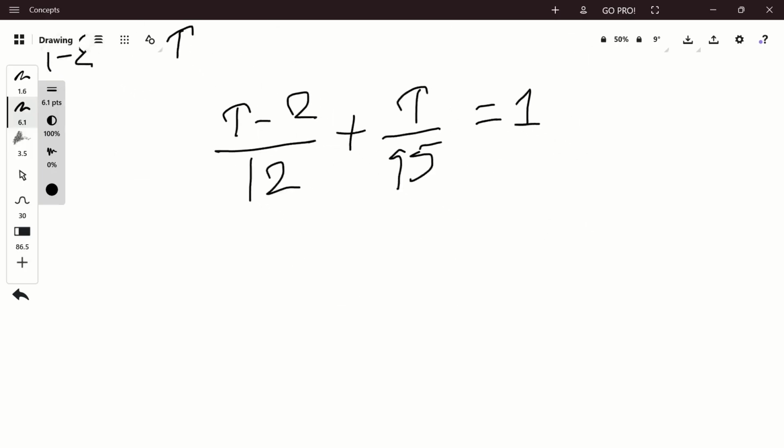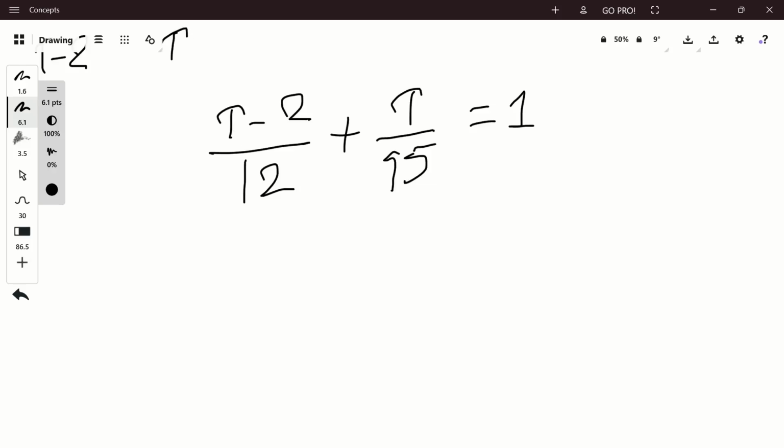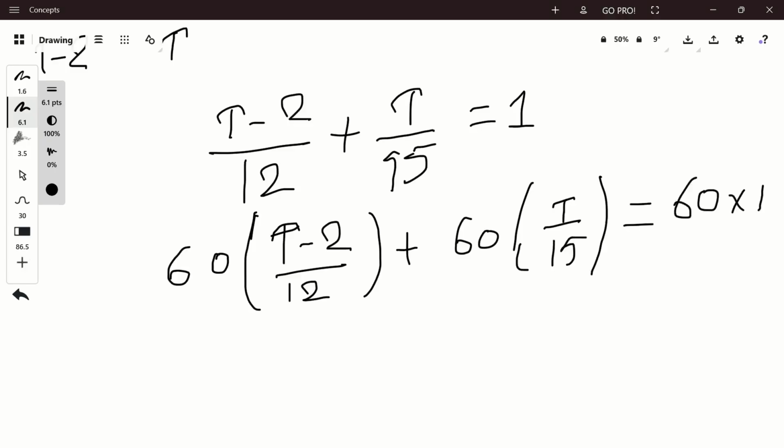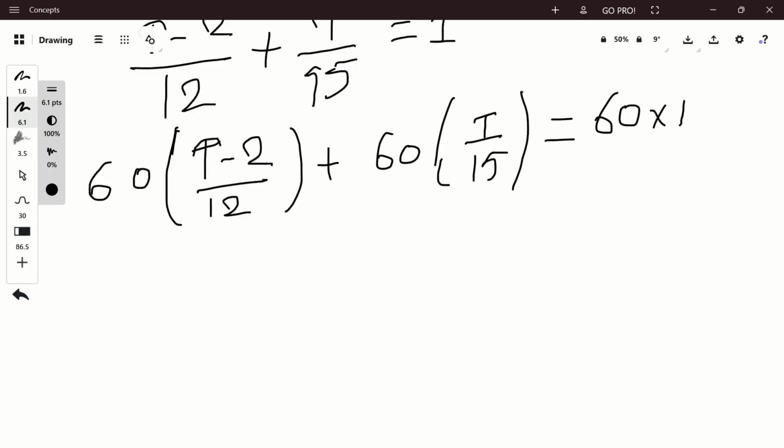To solve for T, multiply by the least common multiple of 12 and 15, which is 60. That is 60 into (T minus 2) upon 12 plus 60 into T upon 15, which is equal to 60 into 1, which gives us 9T is equal to 70.